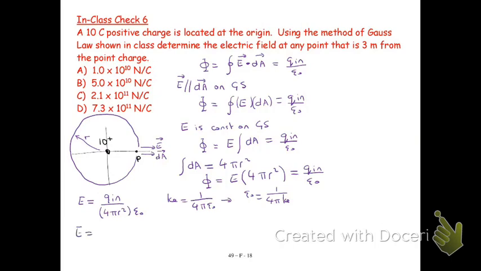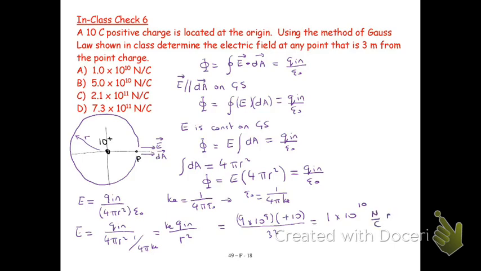So E is equal to Q in over 4 pi r squared times 1 over 4 pi Ke, which equals Ke Q in over r squared, which equals 9 times 10 to the 9 times plus 10 over, what do I say, 3 squared, which equals 1 times 10 to the 10 newtons per coulomb.